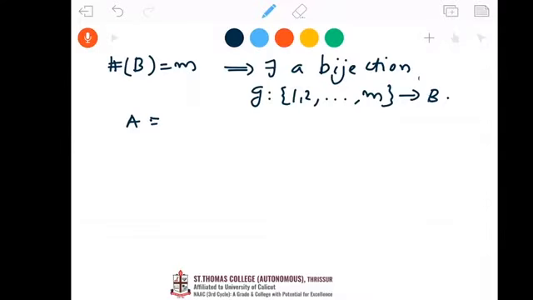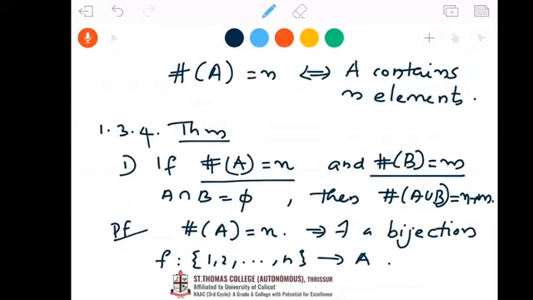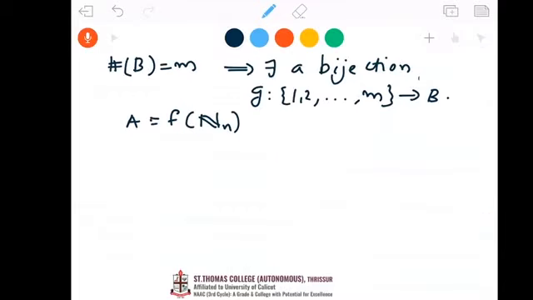If the function f is onto, then the range of the set 1 to n is A itself. So A can be written as f of 1, f of 2, etc., f of n.